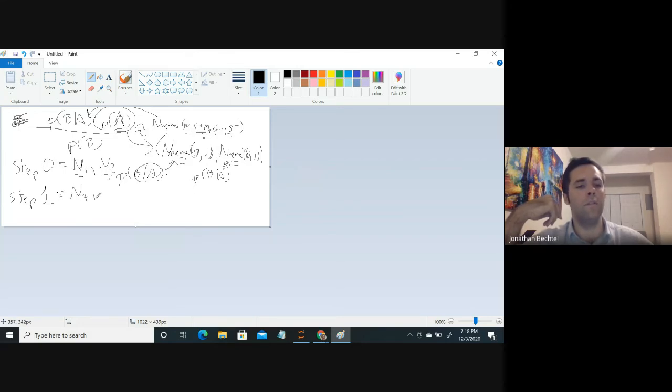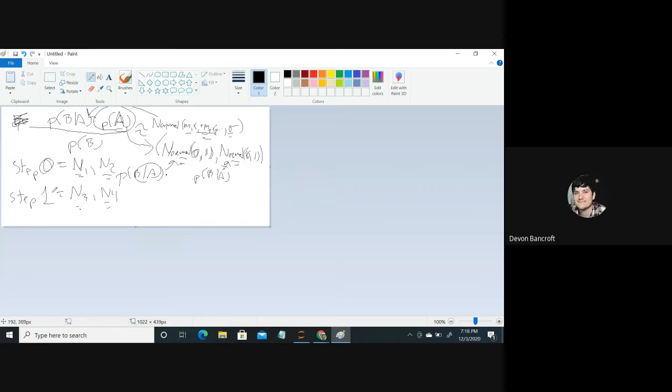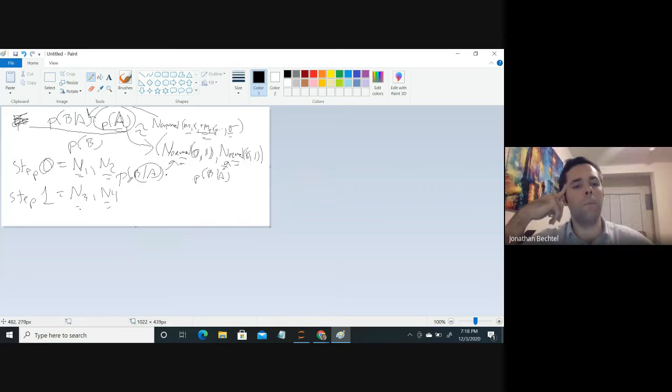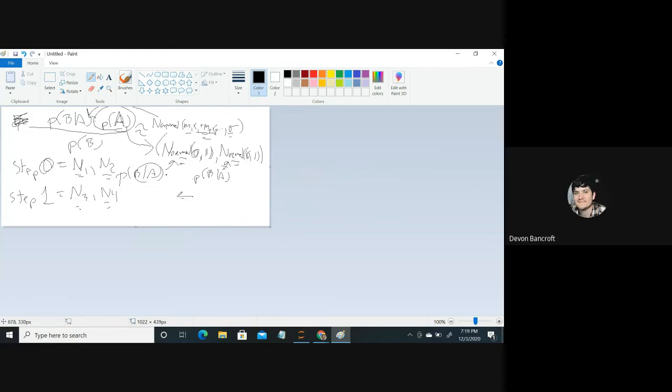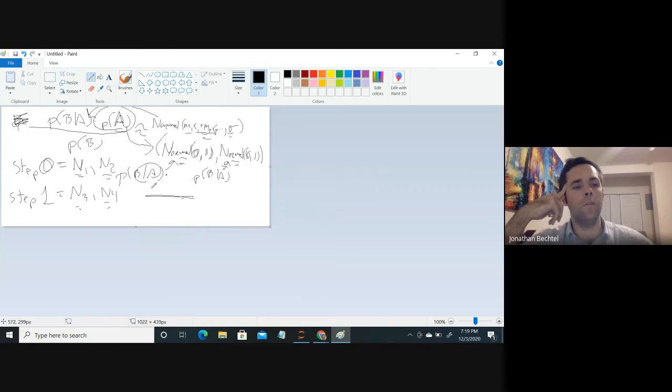We'll just call this N3, N4. And so basically what you do then, after every single step, is compare the differences between these two.